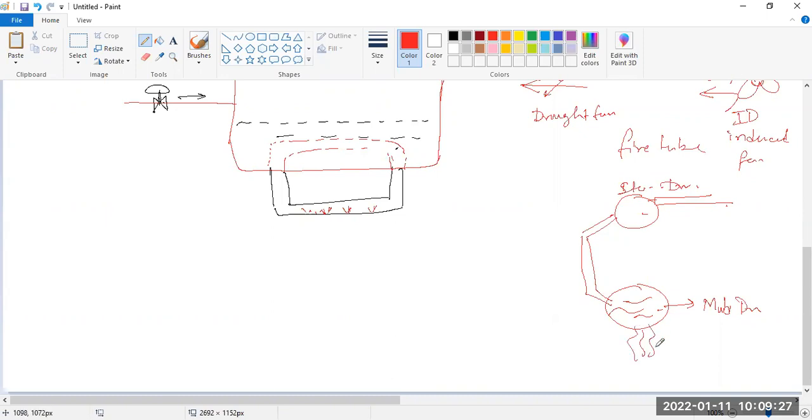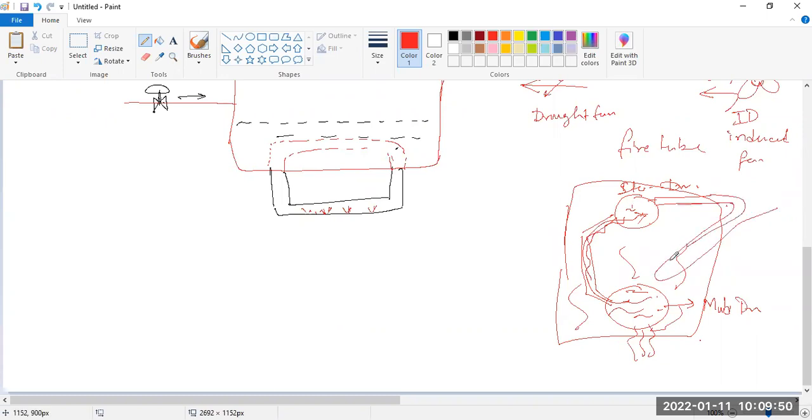Whenever you fire it, this area is totally fired. This is the furnace. Fire is going on. The steam gathers over here, and it is heated again. That is called the superheater. Then it is heated again and goes to the turbine. In this way it works.